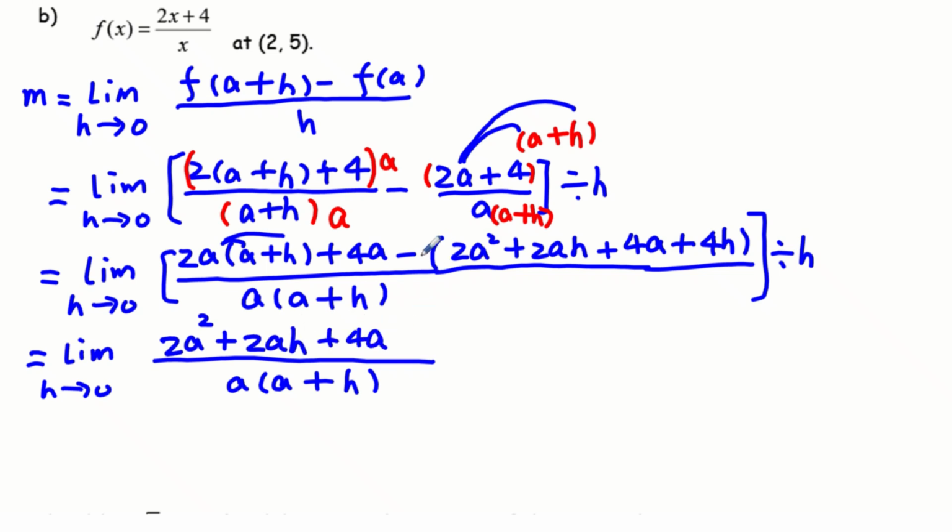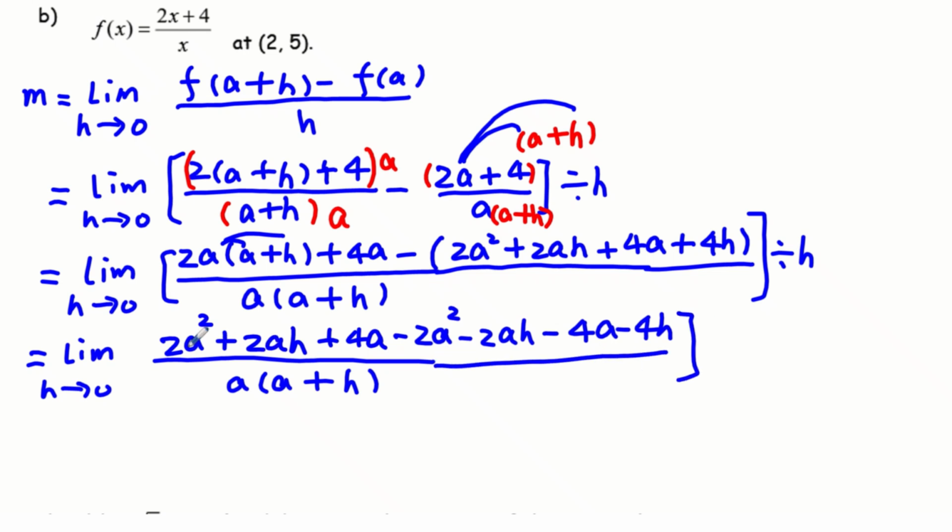Then we have subtraction, which means you switch all the signs inside the bracket to the opposite. So minus 2a squared minus 2ah minus 4a minus 4h. This is for the numerators, and all divided by h.